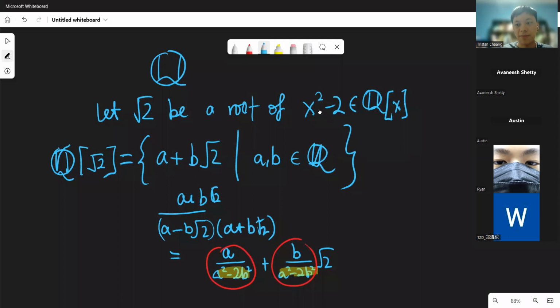And why must it be irreducible? If it's reducible, I won't explain it much here, but basically the resultant set won't be a field. There won't be multiplicative inverses for every single term.